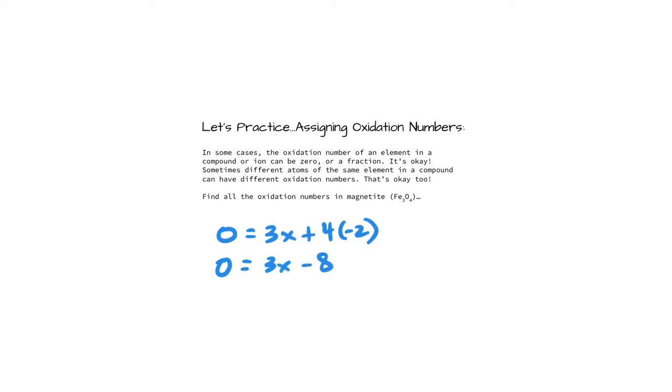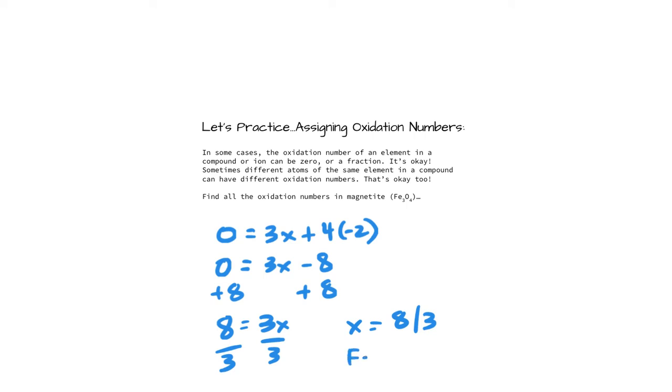Then I'm going to add 8 to both sides. So 8 equals 3x, divide by 3. So in this case, our oxidation number for iron is equal to 8/3. So x equals 8/3, or iron equals 8/3, a fraction.